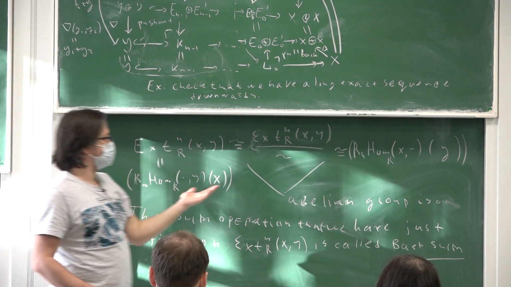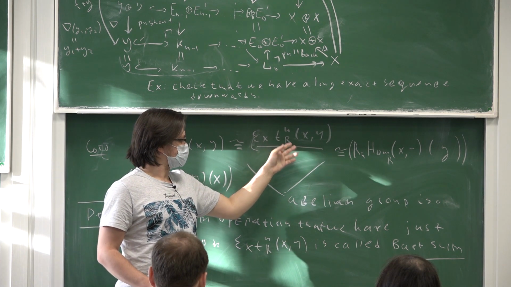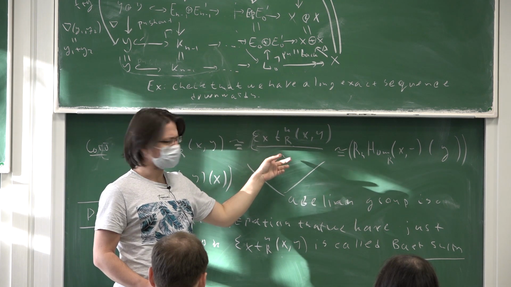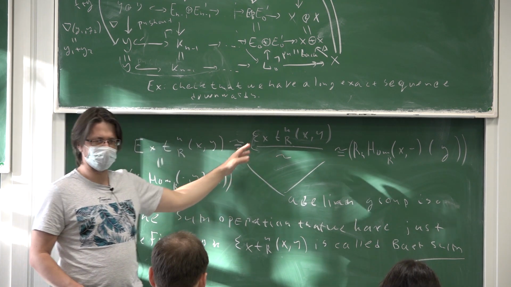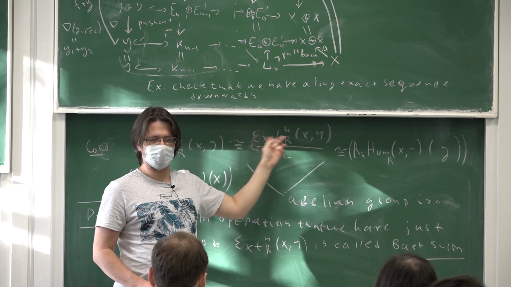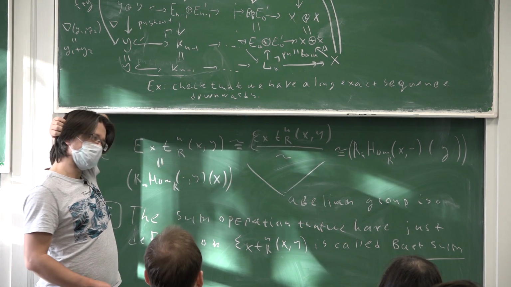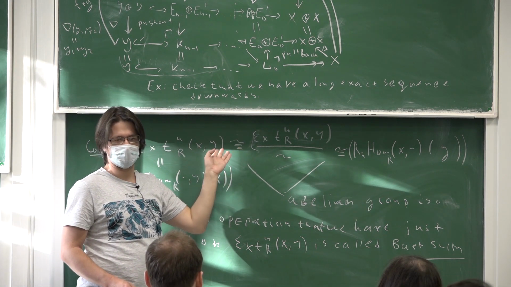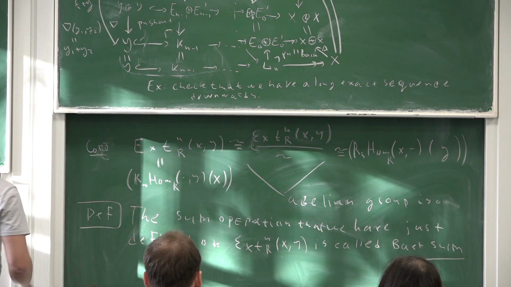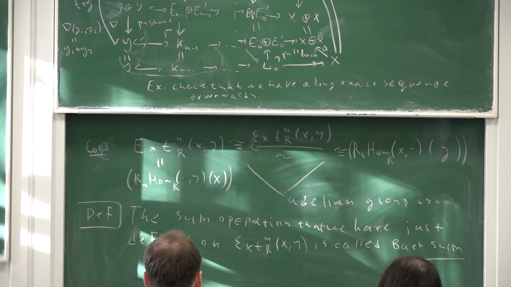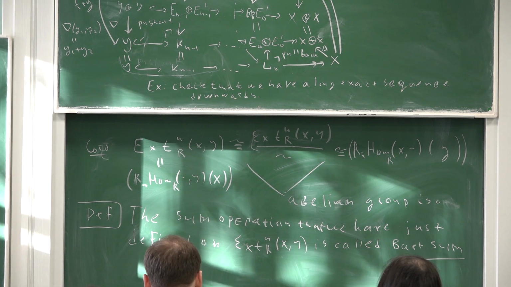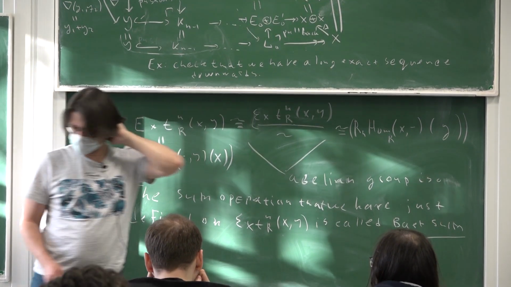While a priori it is not obvious that this operation, when we induce it on the equivalence classes, gives a structure of abelian group, because initially of course it doesn't give. But this follows from this isomorphism. So we have shown that Ext is symmetric.